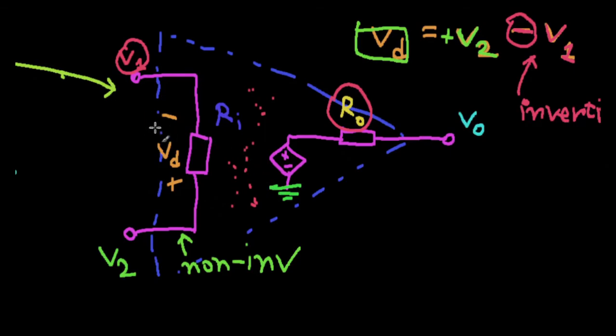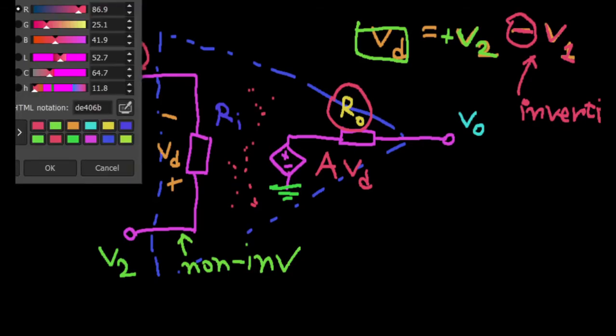Well, the big question, the elephant in the room, is: what does it depend on? What's the formula for it? It is dependent on my V sub D. The value of this voltage is A times V sub D. And what is A? It does have a name.